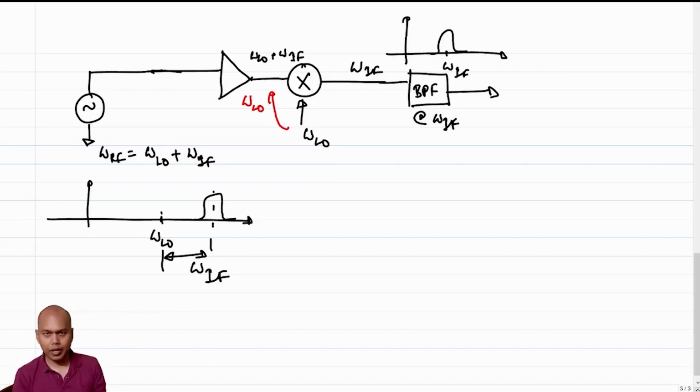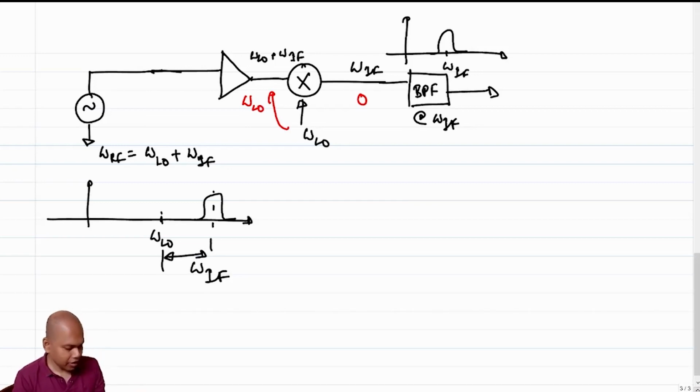Omega LO mixes with omega LO, creates 2 omega LO, which anyway we are not bothered about, creates 0 also, but now that 0 gets chucked out by the band pass filter, so nothing comes out at the output, right? So, another way of thinking about it is that now the mixer is able to discern between the leakage frequency and the input frequency.